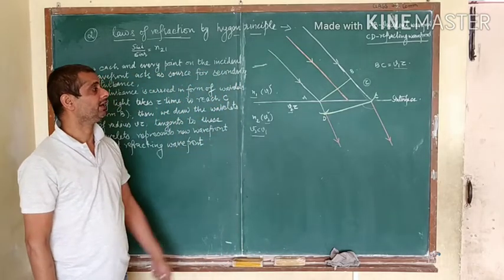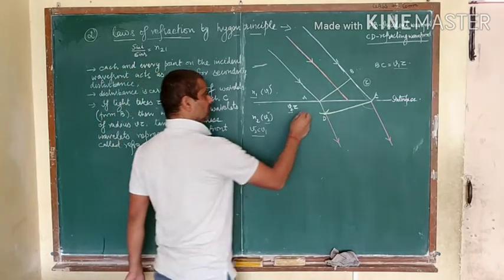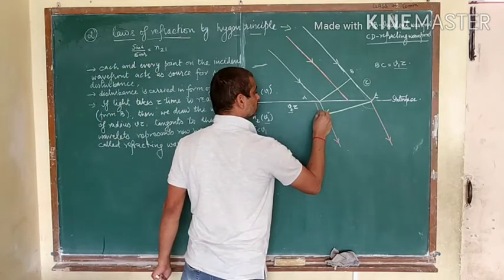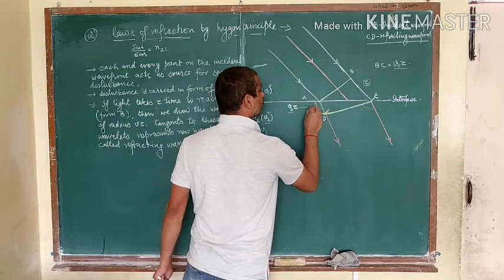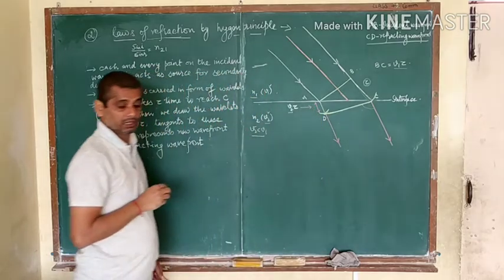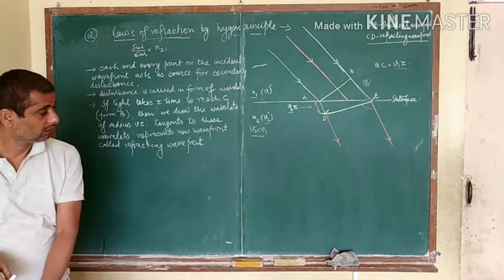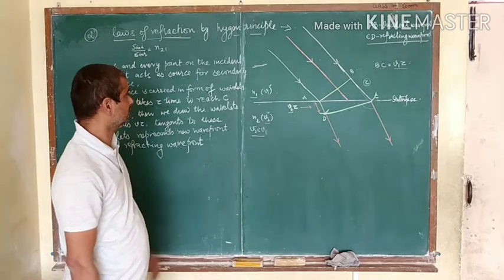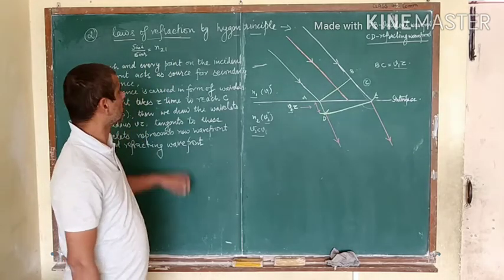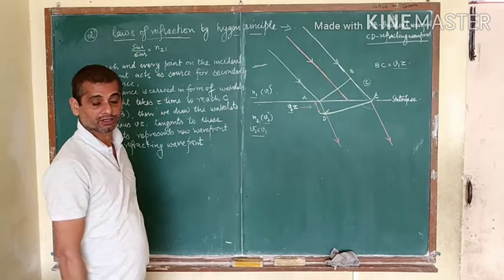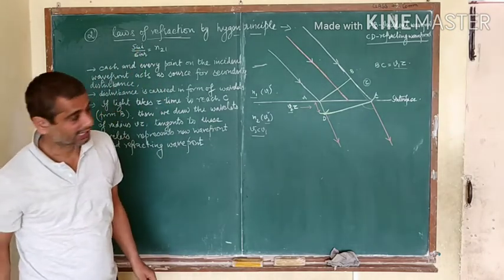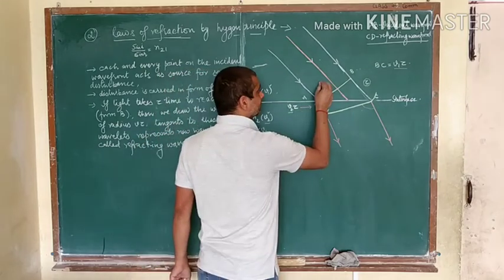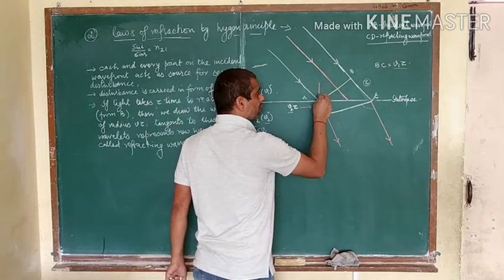Now let us verify this. This part of the length is v2 tau. Now let us verify the laws of refraction. First I have to calculate sin i and sin r. To calculate sin i and sin r, first designate the angles. I draw a normal.